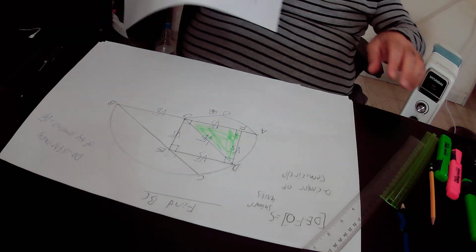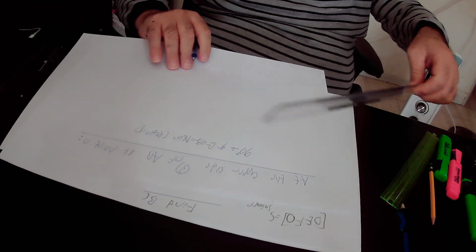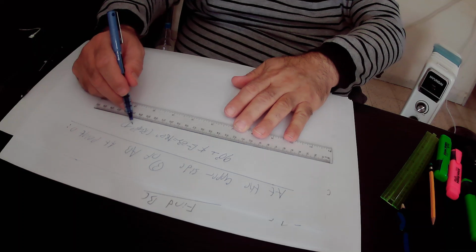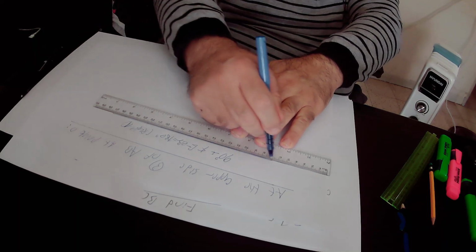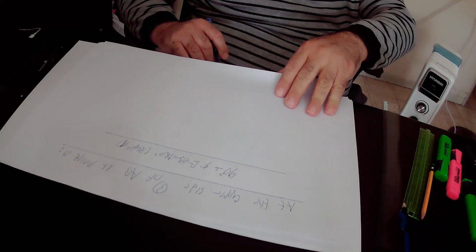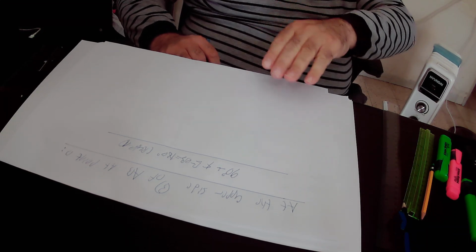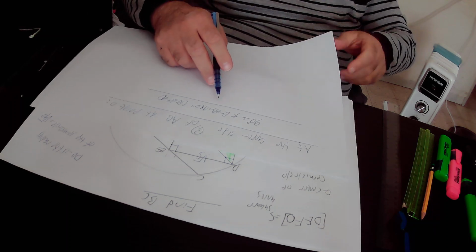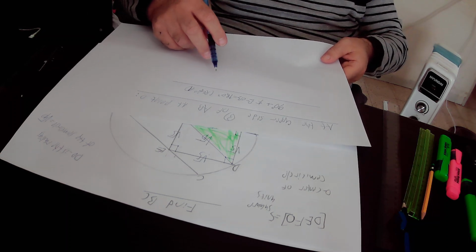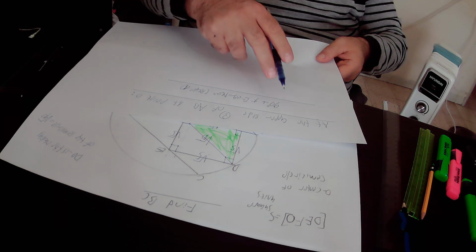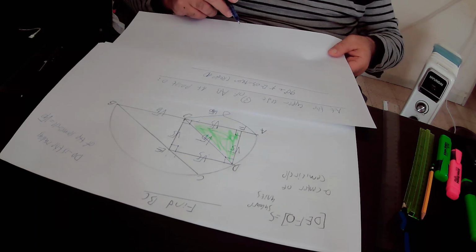I'll repeat again. 90 plus angle EOB, in total they must be equal to 180 degrees according to rule number 1.